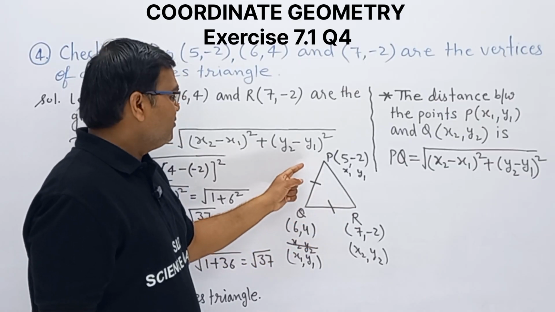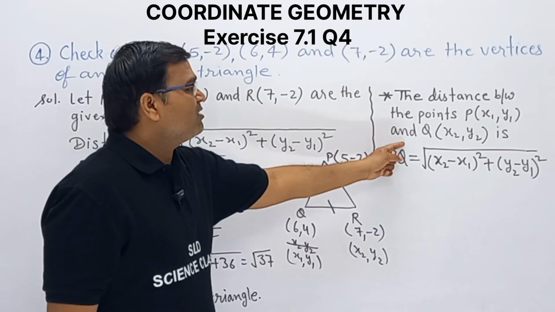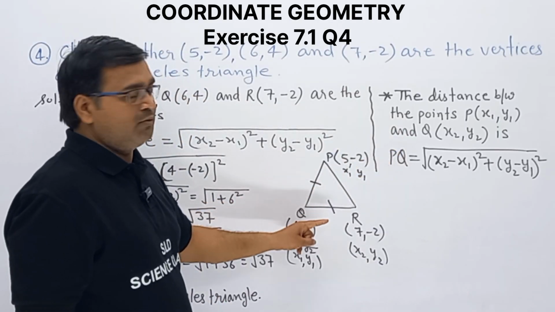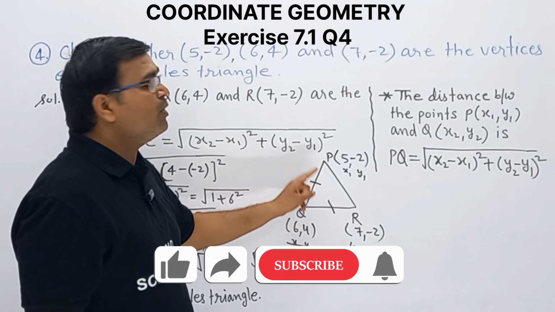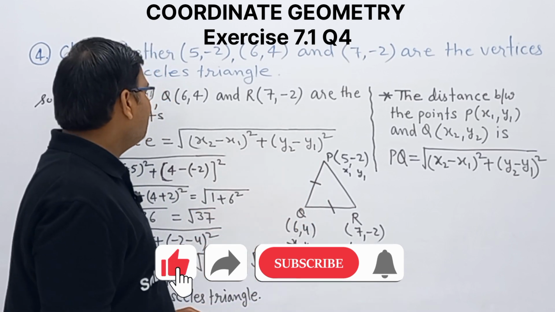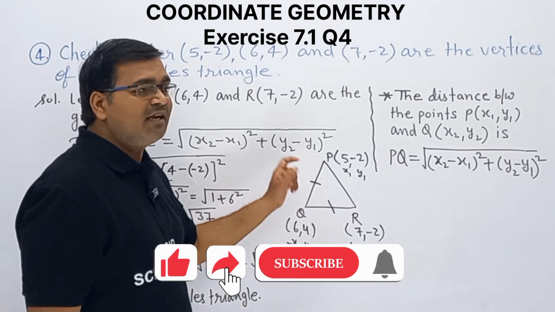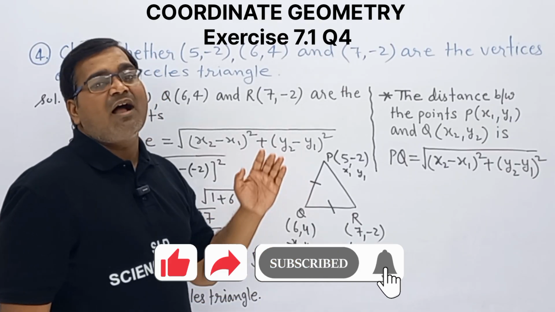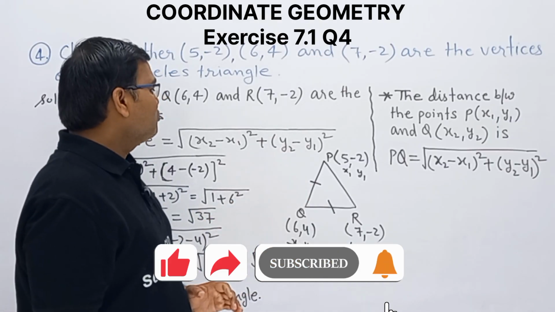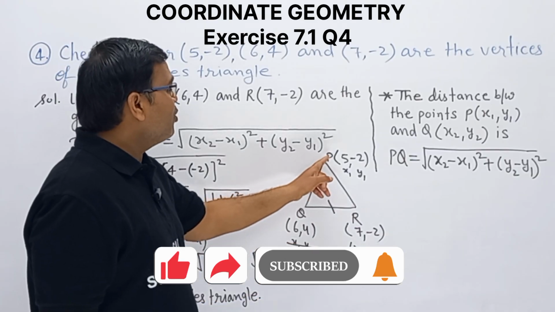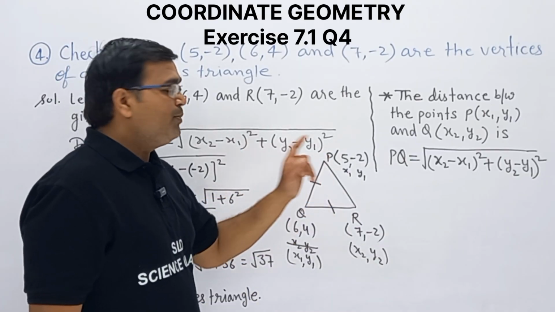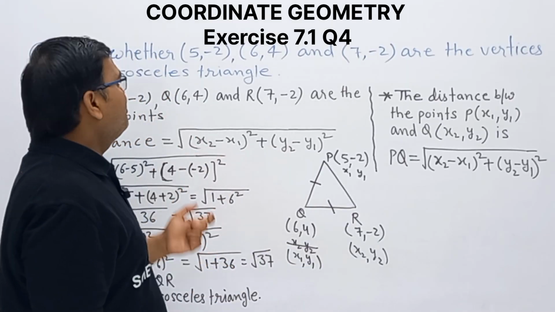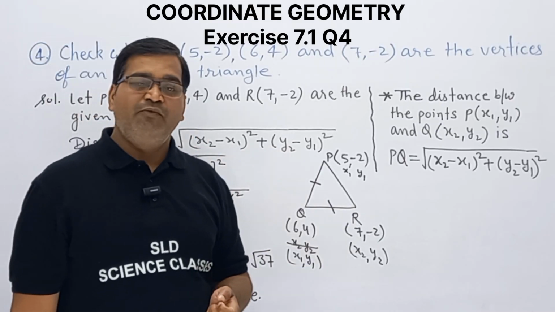Once we find PQ and QR by using the distance formula, we are getting equal values. So what can we say? Both sides are equal. It means that this triangle is an isosceles triangle. So we can say the given points P, Q, R are vertices of an isosceles triangle, we checked.